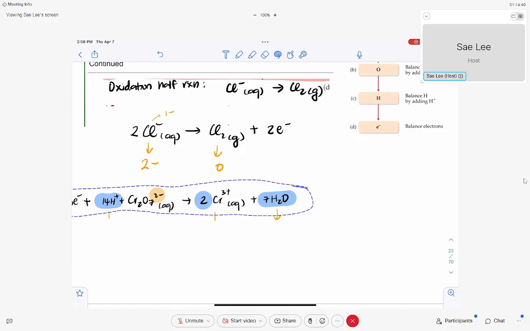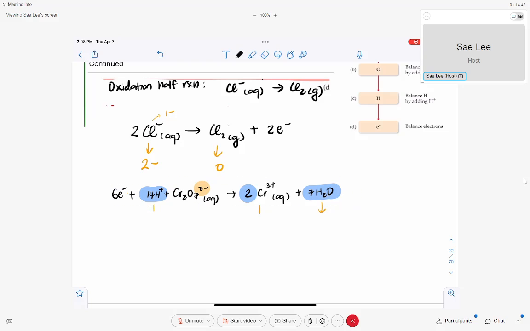And then I'm going to bring this reduction half reaction down. Okay, this is the oxidation half reaction. This is the reduction half reaction. Since the reduction half reaction has gained 6 electrons, in order to balance the number of electrons lost in the oxidation half reaction, we need to multiply the oxidation half reaction by 3.